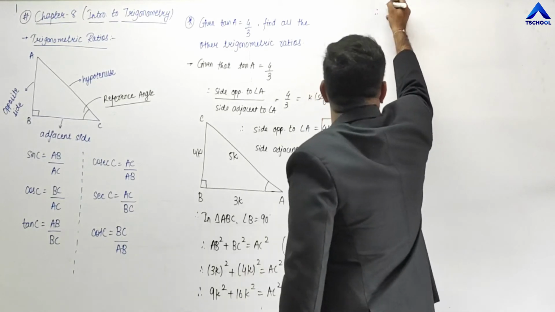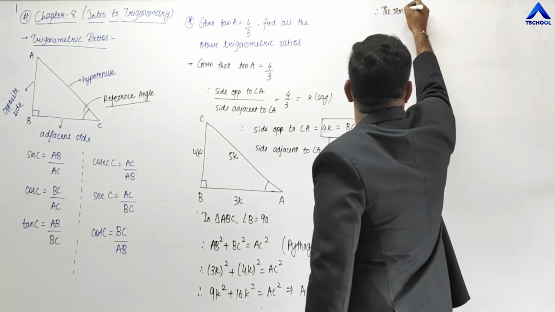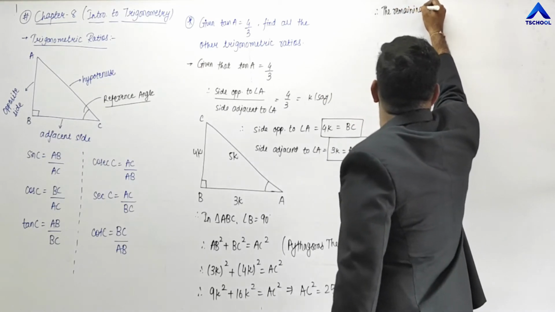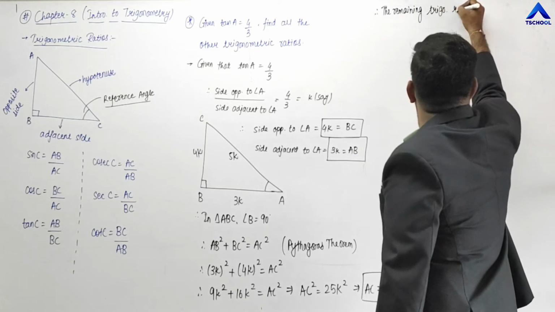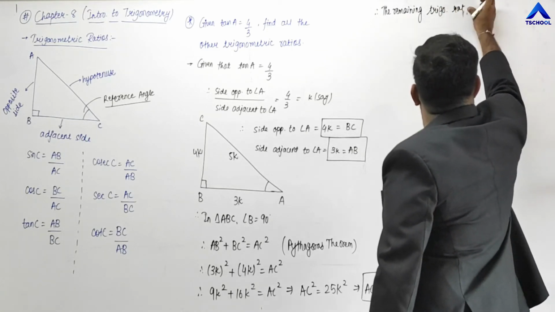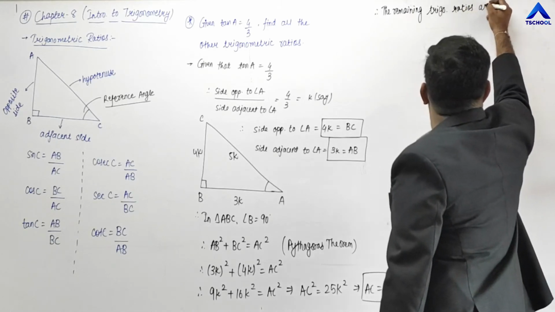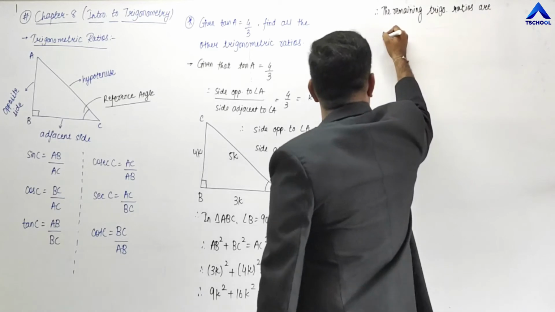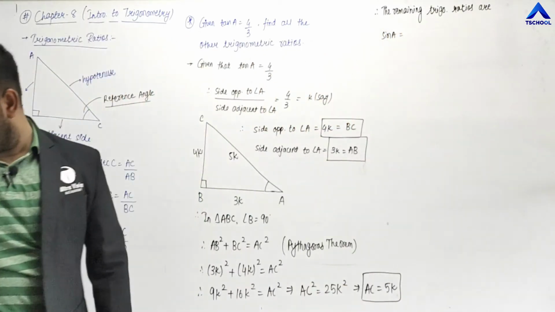Therefore, the remaining trigonometric ratios are, first of all, we will find out sine A. What is the ratio of sine A, friends?